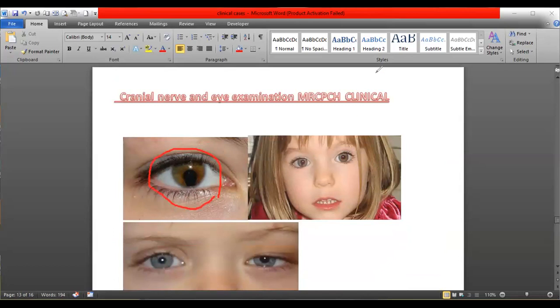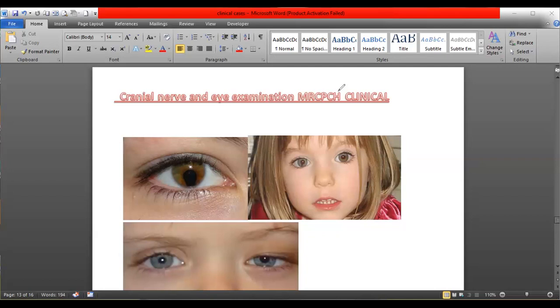So coloboma, if it is not previously given, but if the coloboma is there in the exam, we need to identify it and examine according to the steps. And after that, we will give the finding and our diagnosis that this is the condition where this coloboma is found basically.